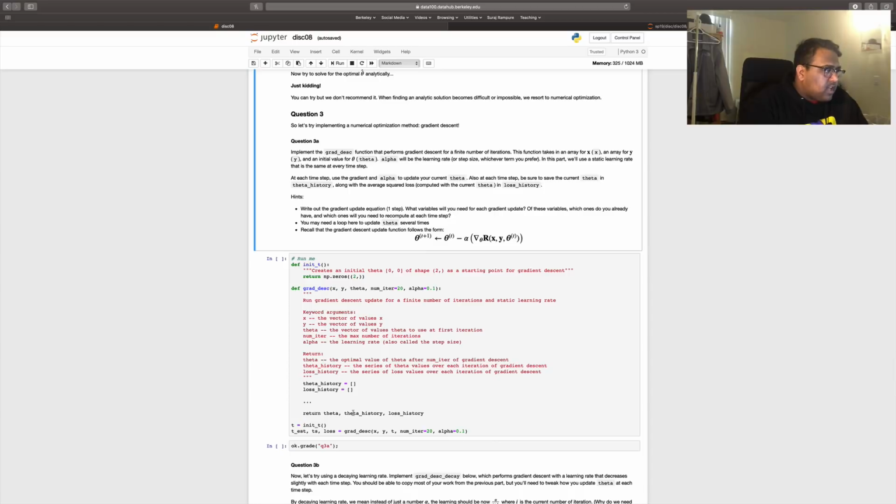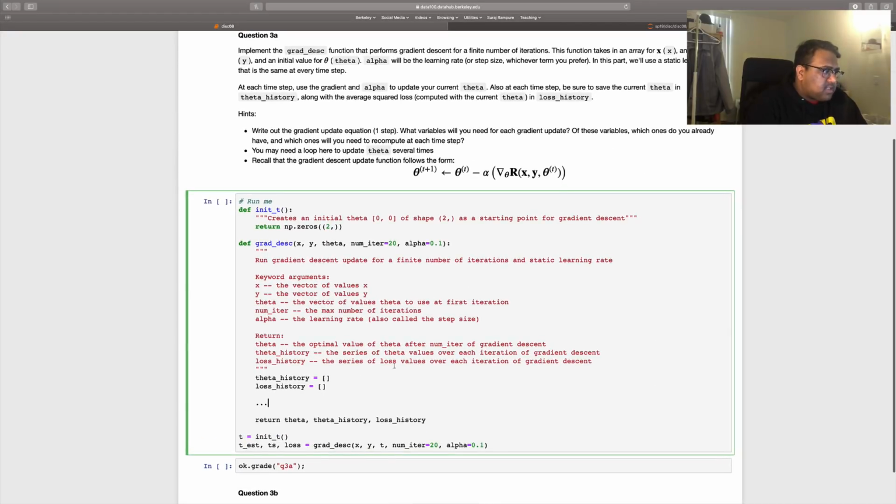Okay, so in the first part, what we want to implement is standard gradient descent. And as it's an iterative algorithm, we probably need to use a for loop to do this however many times we're told. In this case, we're given a parameter, num_iter, which tells us how many times to update theta before we say, okay, this is our final guess. So we can say for i in range(num_iter).